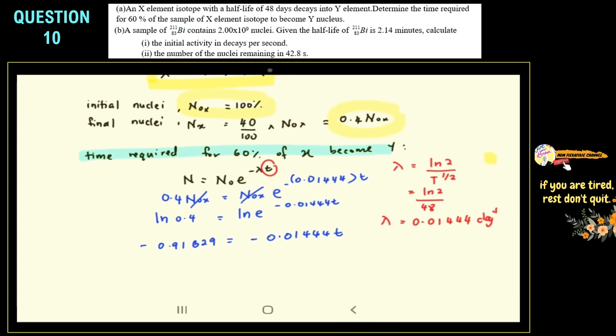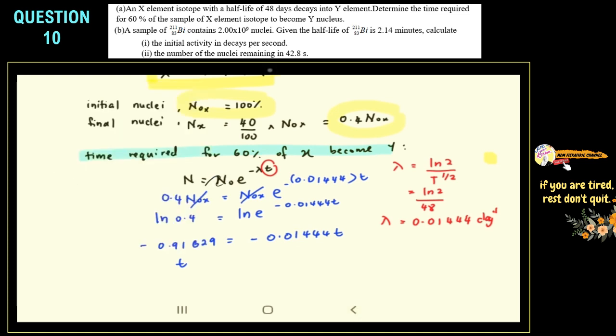0.01444t. Therefore t, the time required for 60% of sample X to become Y, maknanya the time required untuk X element ni tinggal 40% saja from its initial.